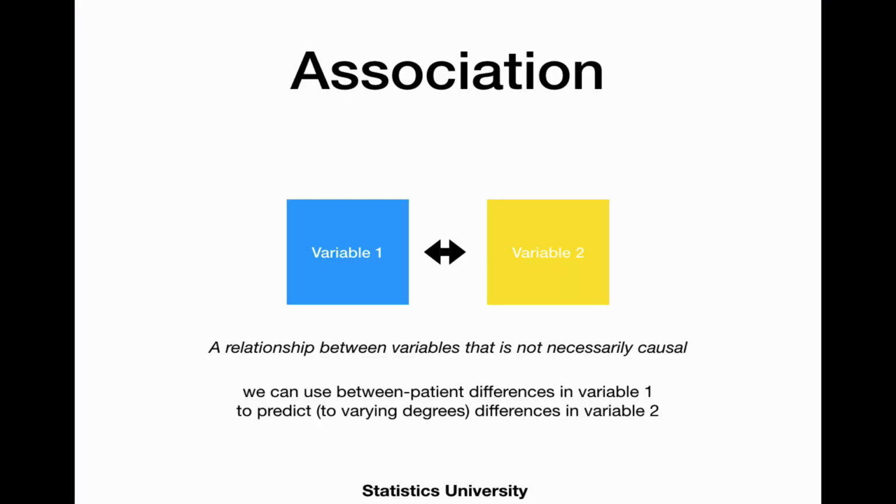What is an association? Well, it's nothing more than a relationship between variables, and it's not necessarily causal, but we can use between patient differences in a variable, for example, like the one depicted in blue here, variable 1, to predict differences in variable 2, at least to a certain degree.